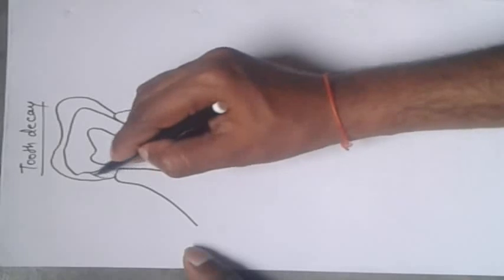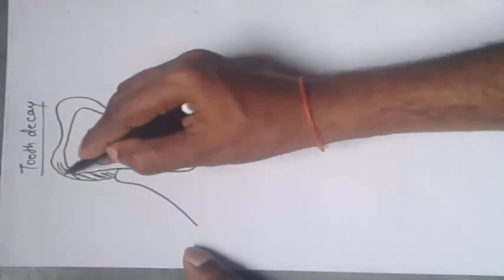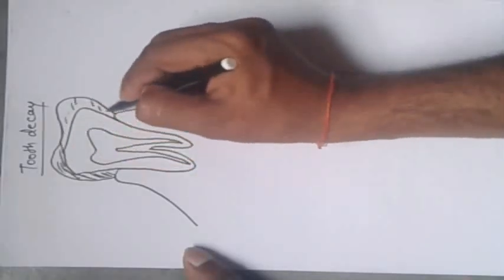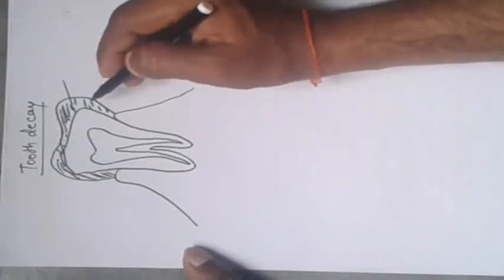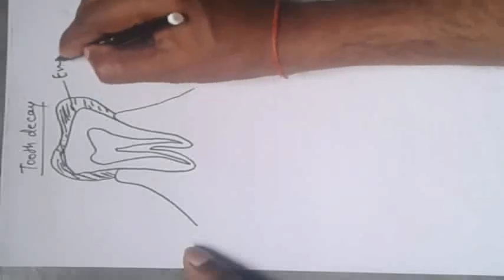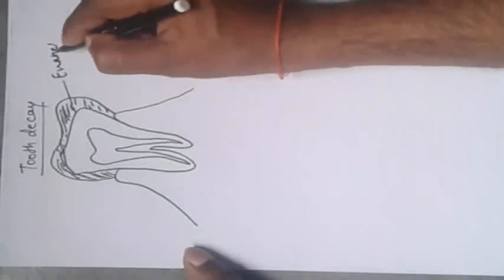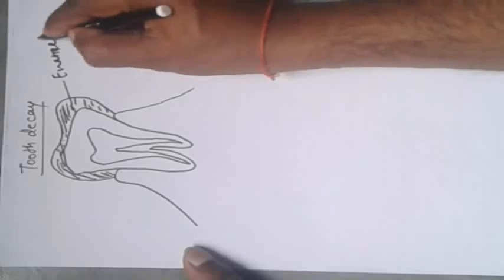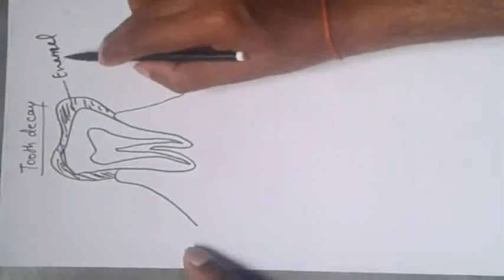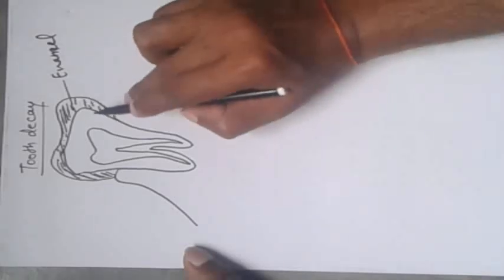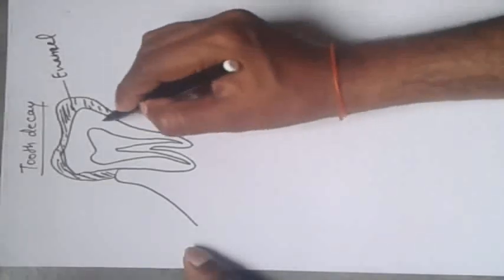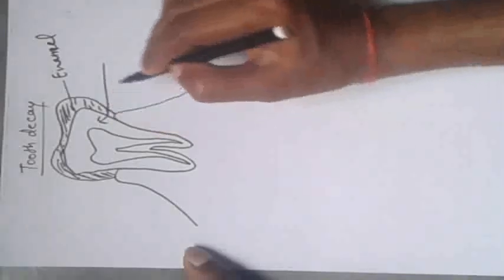The topmost part, which is white in color, milky color, is called enamel. Enamel, E-N-A-M-E-L. Just below the enamel, another part is present.